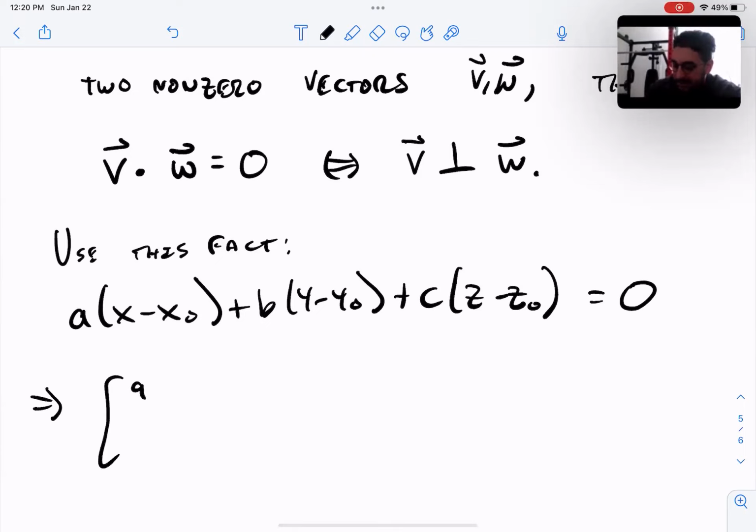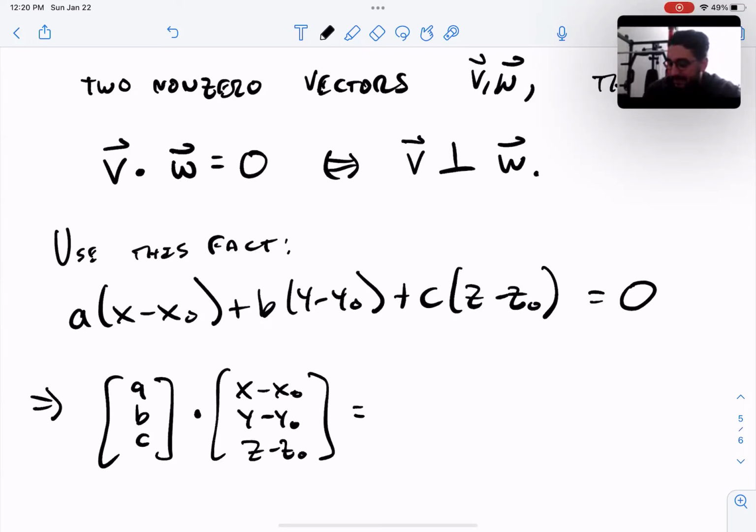I'm going to rewrite this as the vector (a, b, c) dot (x minus x naught, y minus y naught, z minus z naught) equals 0, right? These are the same equation, just written in slightly different form. The first one I wrote is a standard equation that you would write down in algebra. The second one I rewrote using dot products, but it's the same equation.